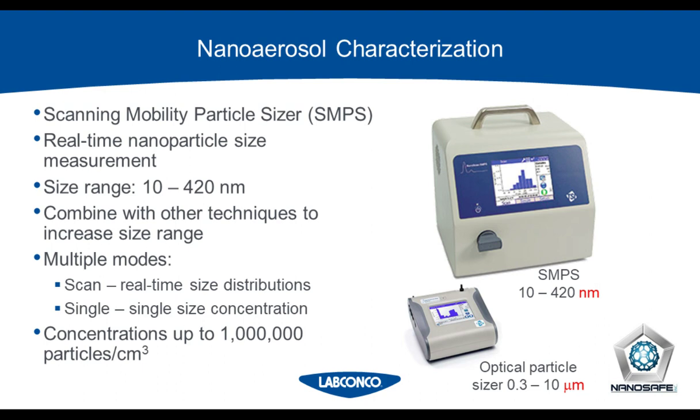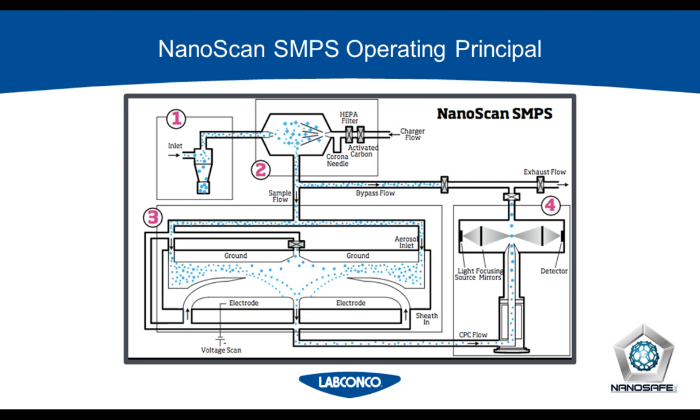Obviously, with nanomaterials constantly changing, there are other options out there. This is a schematic of the operating method for the device, looking at particle size. If you want to ask questions about this, I'll provide the contact information at the end of this webinar for Matt Hull and also for NanoScan.